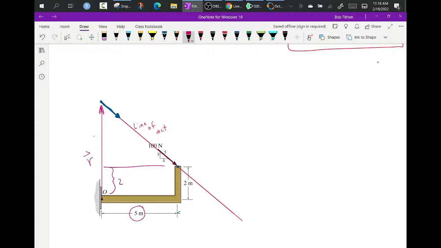Now, if this were 5, but it's not, sorry, I spoke differently. If this were 4, let me move this R over here. If this were 4, this would be 3. It's not 4, it's 5.